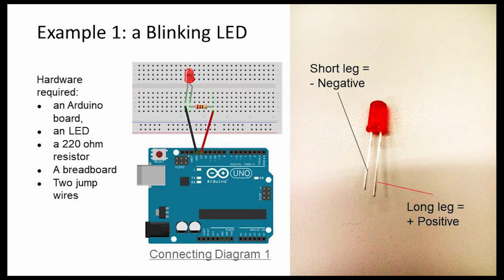An LED usually has a longer and a shorter leg. The longer leg is positive, while the shorter leg is negative.